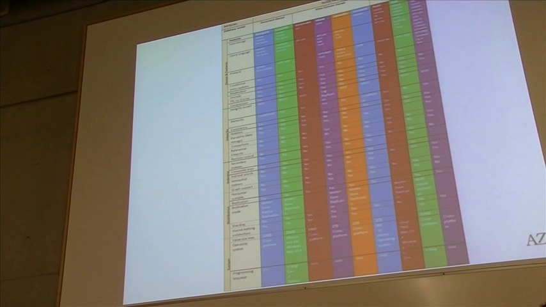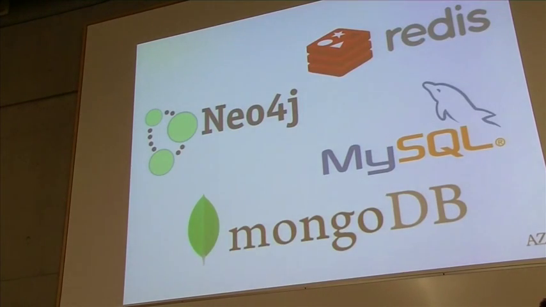There's if you want to store documents, or if you want to store objects and keys, if you want to store data structures, or if you want to store graph information. There's now dedicated and open source graph databases that specialize in traversing graphs and are optimized for doing that.